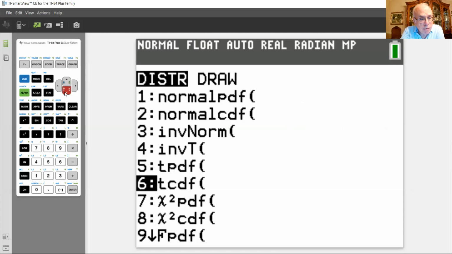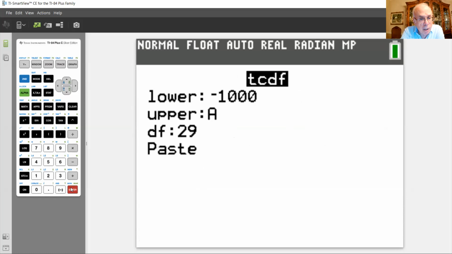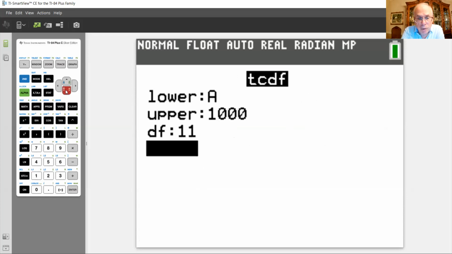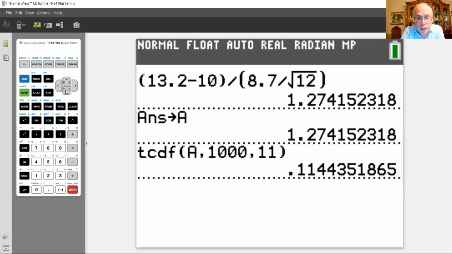Right tail test would mean we would put alpha A in first, and then positive 1,000 here, and then the degrees of freedom is 11. 12 minus 1 is 11. Go down, hit enter, and there is our p-value, 0.1144. Once again, a pretty large p-value.